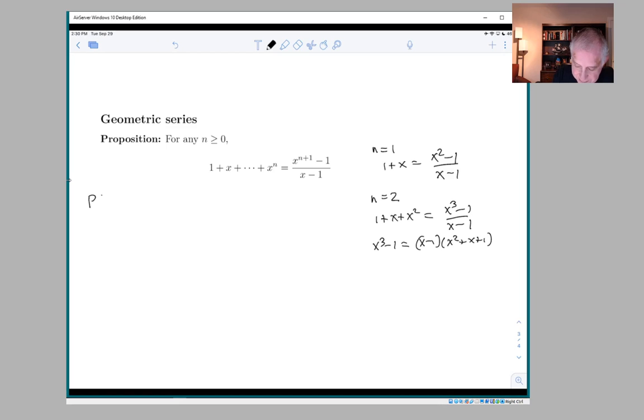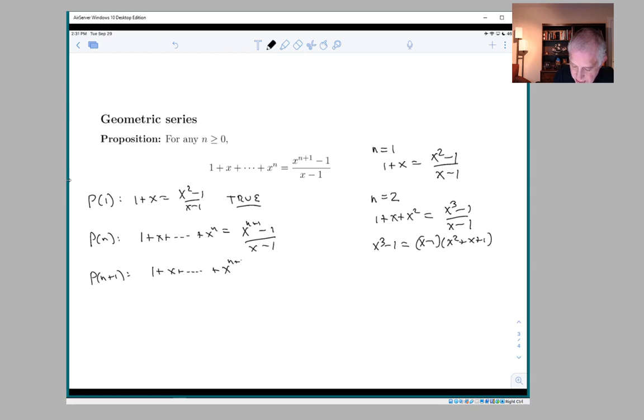So P of 1, we already checked, is the claim that 1 plus x equals x squared minus 1 over x minus 1. And that is true. P of n is this statement that 1 plus x plus ... plus x to the n is x to the n plus 1 minus 1 over x minus 1. And P of n plus 1 is 1 plus x plus ... plus x to the n plus 1. And that's supposed to equal x to the n plus 2 minus 1 over x minus 1.